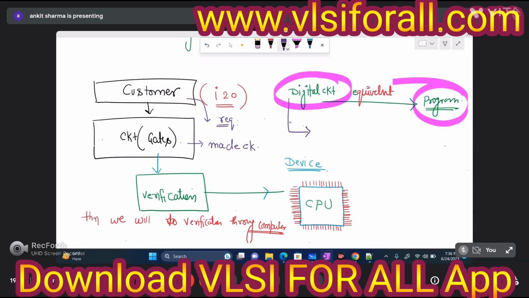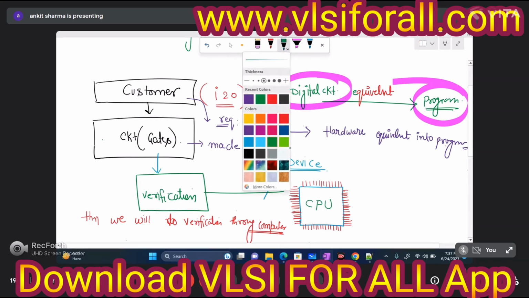Digital is a hardware. So hardware equivalent into program. Okay, hardware equivalent into program. So this is what I need.